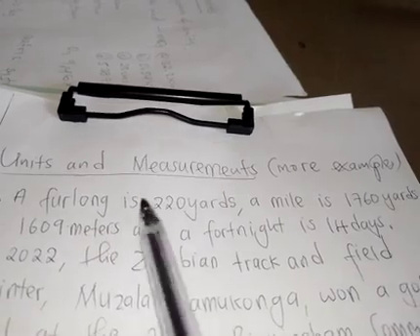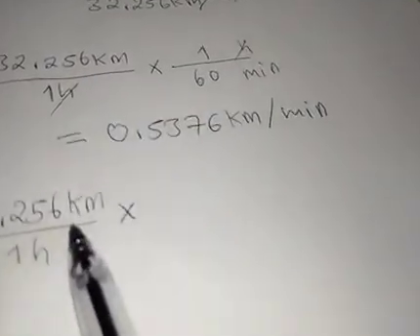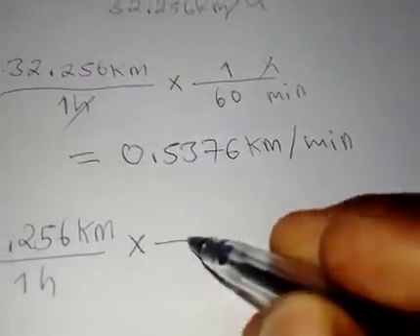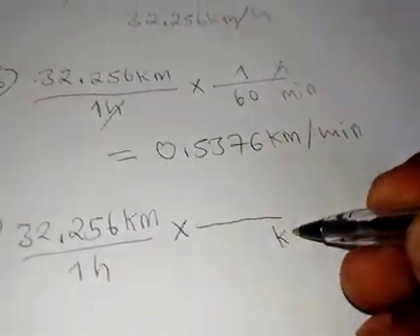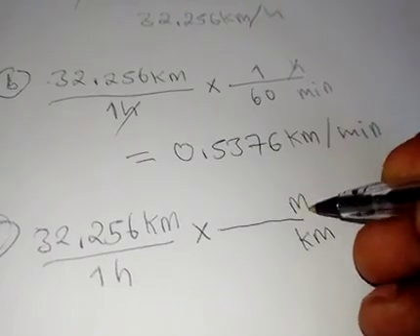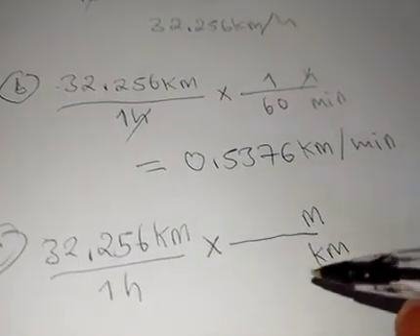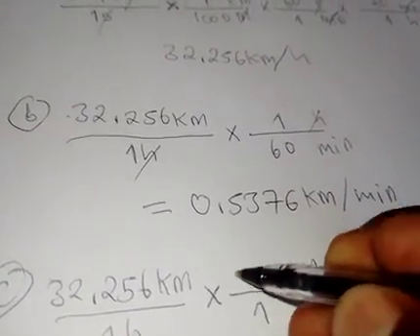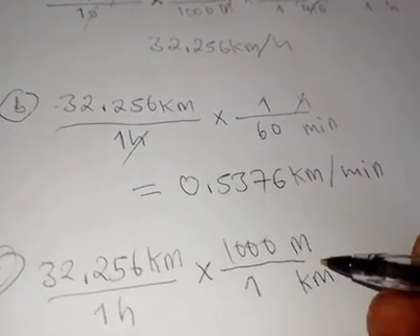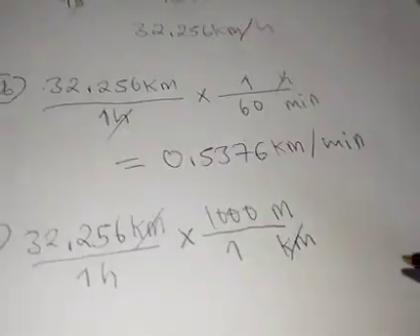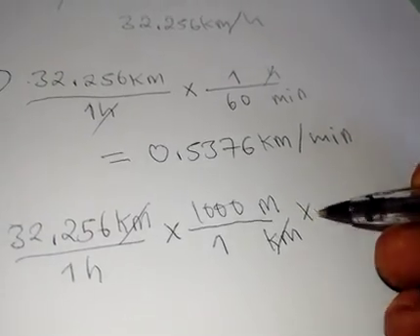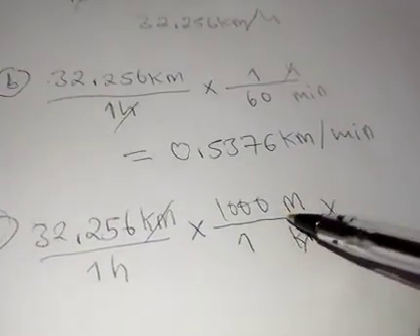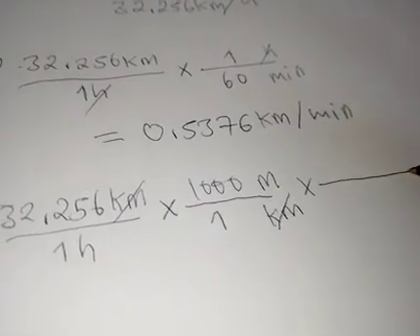So we can first convert the kilometers into meters, then meters into miles. We use 1 kilometer, which is 1000 meters, so kilometer and kilometer disappear. Then we multiply by the conversion of meters into miles.